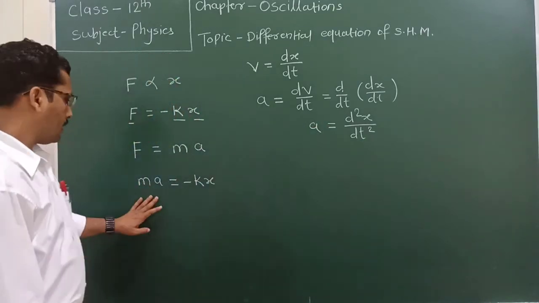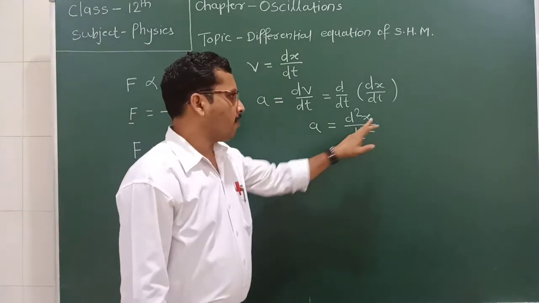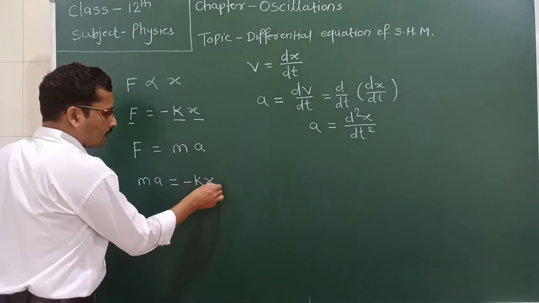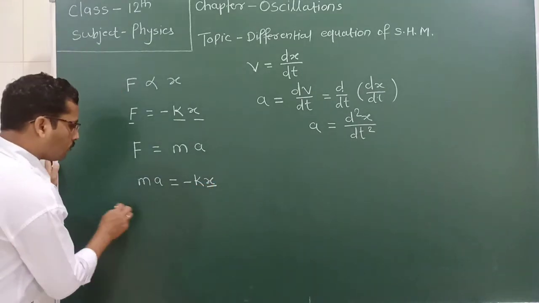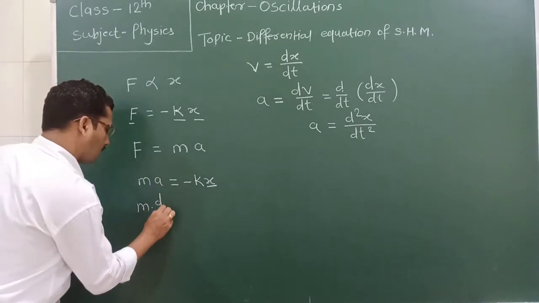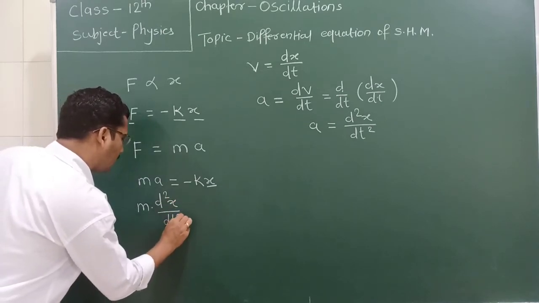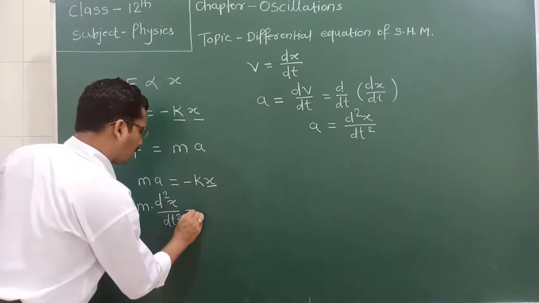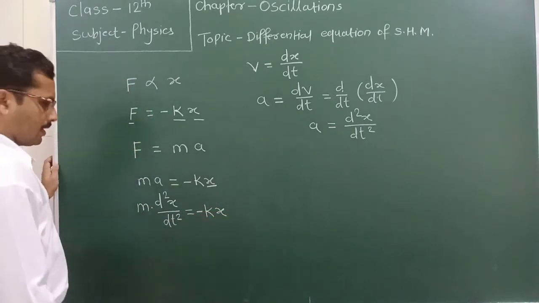So here in this case we can write this equation in terms of displacement, because we have x on the right side. So we can write m multiplied by d2x by dt square is equal to minus k multiplied by x.